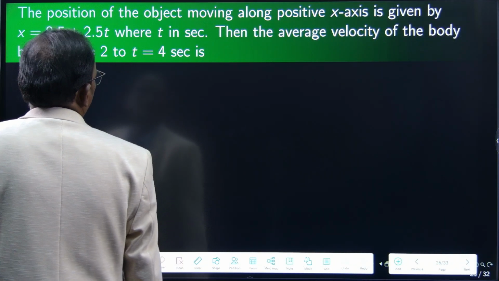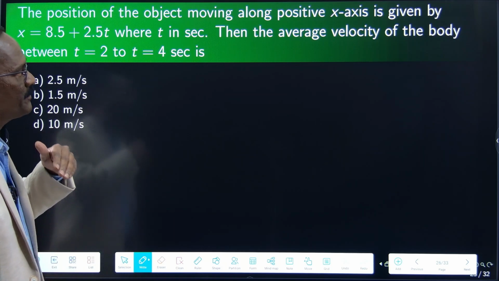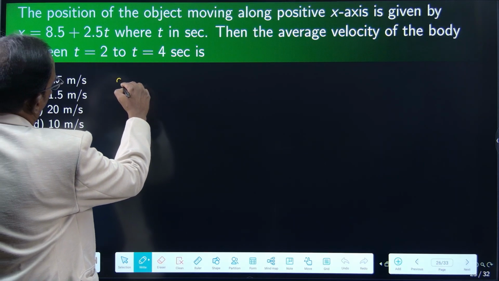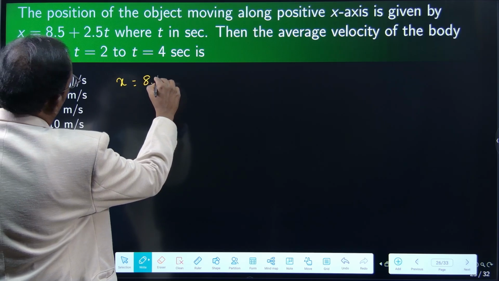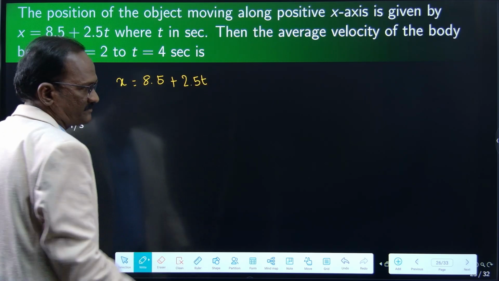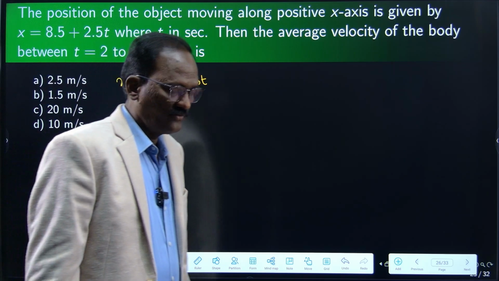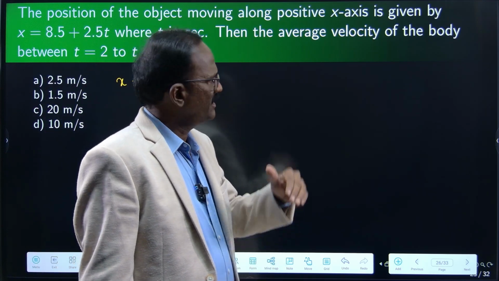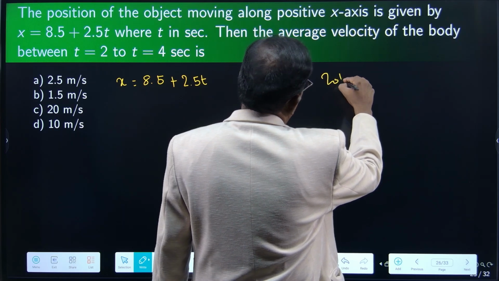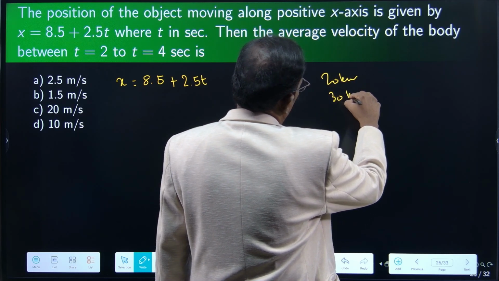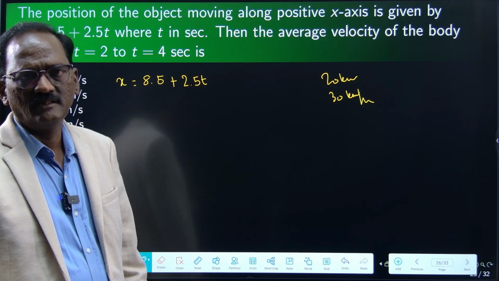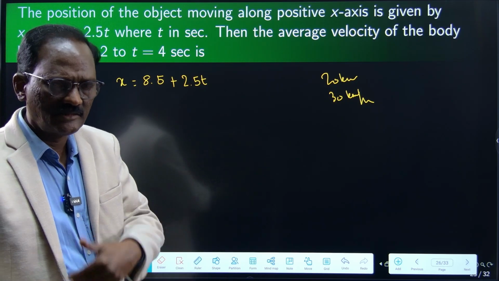The position of the object moving along the positive x-axis is given by x is equal to 8.5 plus 2.5t. So viewers, please remember, in the previous problems we were given some 20 km per hour, 30 km per hour, some numerical values. The time is also given, or velocity is given.